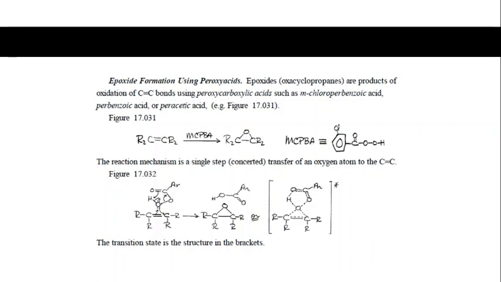As you know, if you have a double bond, the first possibility is the formation of the epoxide ring, and then the epoxide ring opens, resulting in the diol.